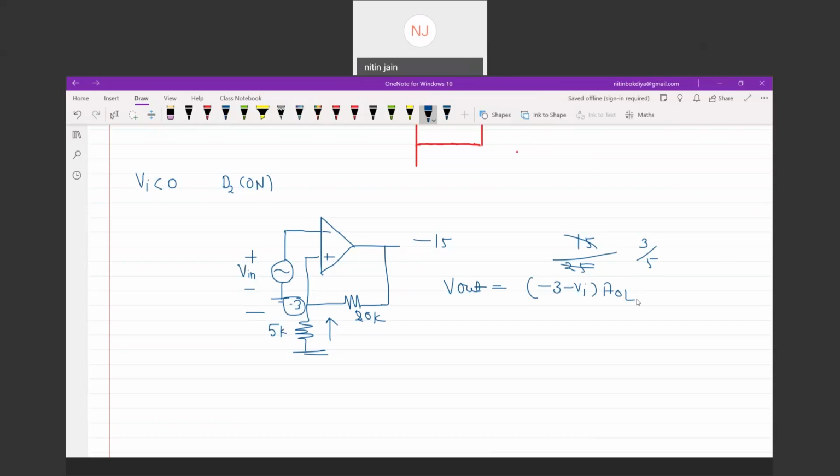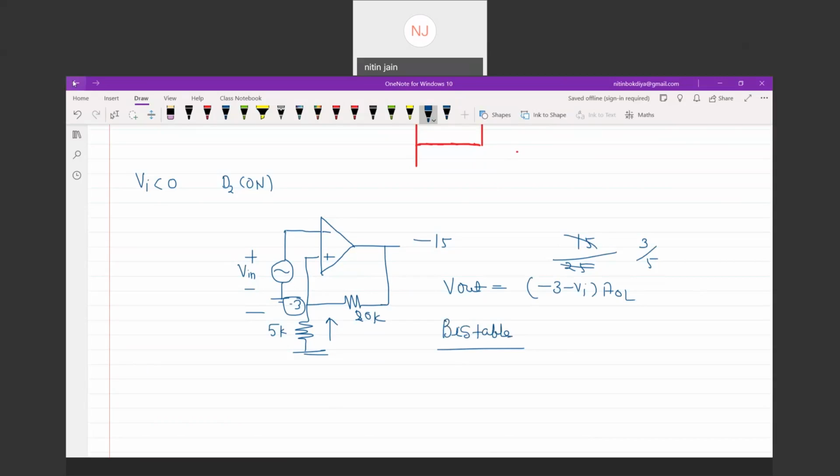So this is how we can analyze the bistable multivibrator, and the curve between V input and V output is known as the transfer characteristic.